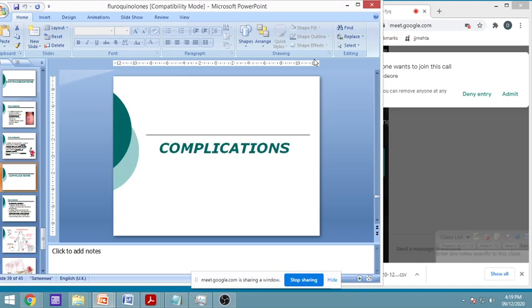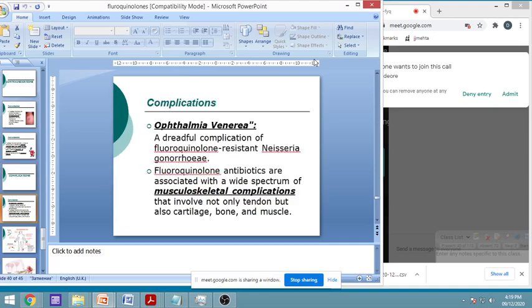Then, what complication does it cause? It causes a typical complication called ophthalmia neonatorum. It is a dreadful complication of fluoroquinolone-resistant Neisseria gonorrhoeae. Fluoroquinolones are associated with a wide spectrum of musculoskeletal complications that involve not only tendon but also cartilages, bones and muscle.